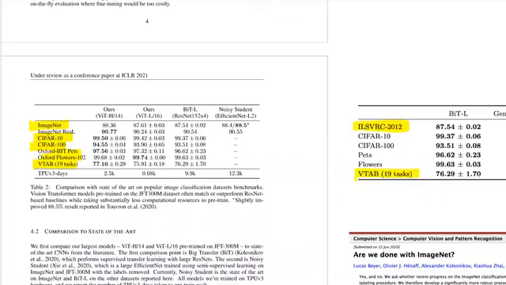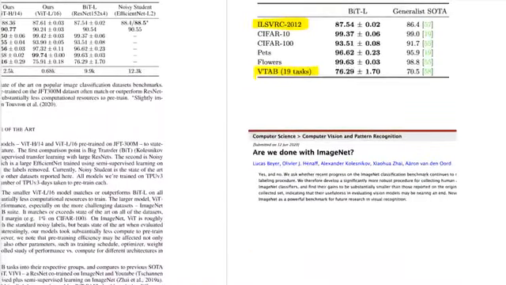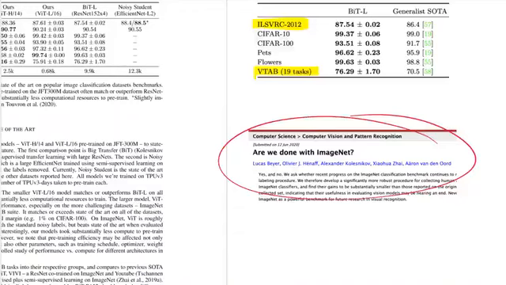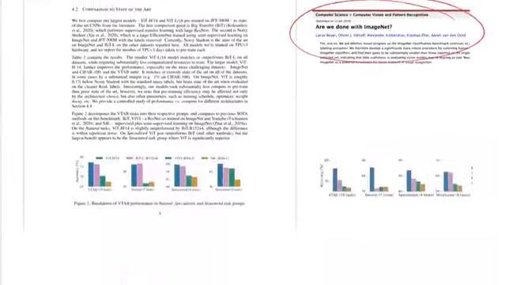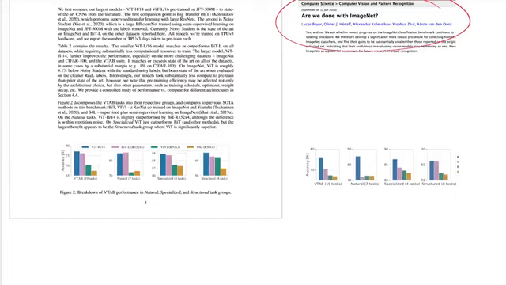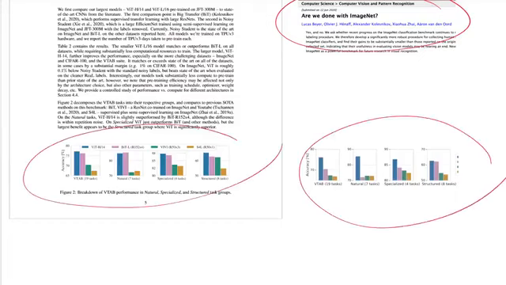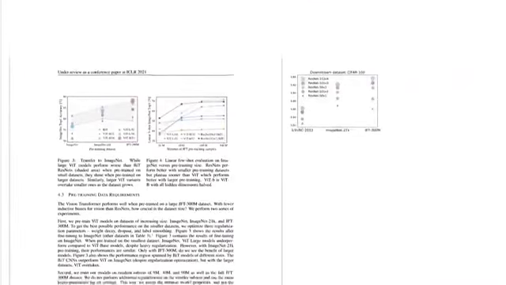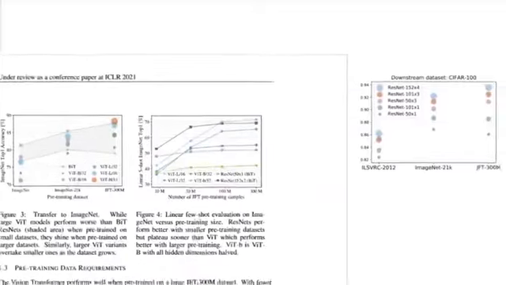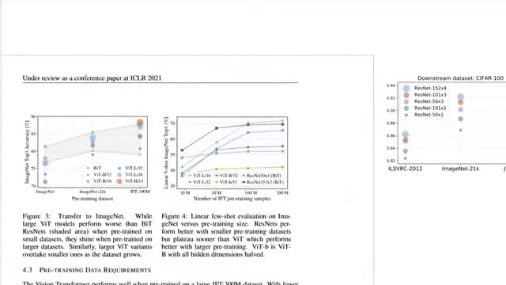But they do have actually the ImageNet ReaL here, which is just a set of new labels for ImageNet, which comes out of a paper by Google with largely the same authors as this paper. Disregard the fact that the color scheme for the VTAB evaluation is exactly the same, as is the histogram plotting. And of course, we don't even want to bicker about the plotting style with these bubble sizes and so on.